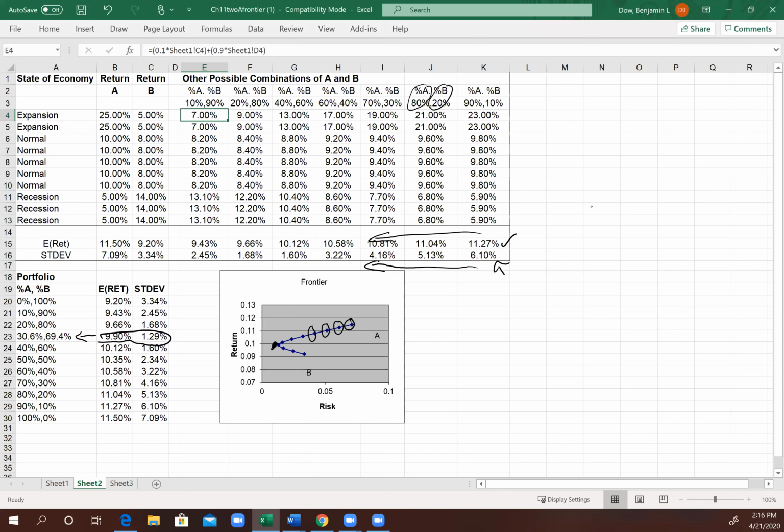So what that tells me is the upper half of this curve is the efficient frontier. So it basically says you wouldn't want to hold anything less than 70% of your money in bonds. This part right here is inefficient.